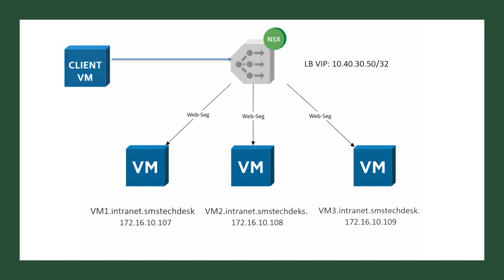If a single client is establishing multiple sessions, the first session goes to the first VM, the second session goes to the second VM, and the third goes to the third VM. Then the cycle starts again from VM1. The fourth session will reach VM1, the fifth will reach VM2, and the sixth will reach VM3. This is how it works at the back end, but it will not support some advanced features which are offered by our AVI load balancer.